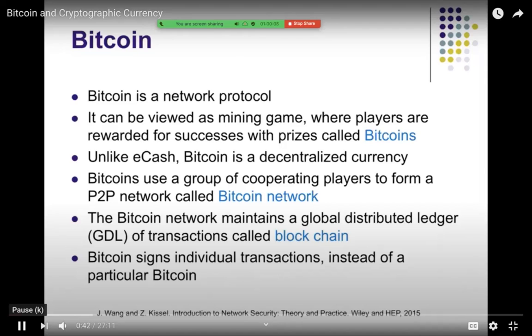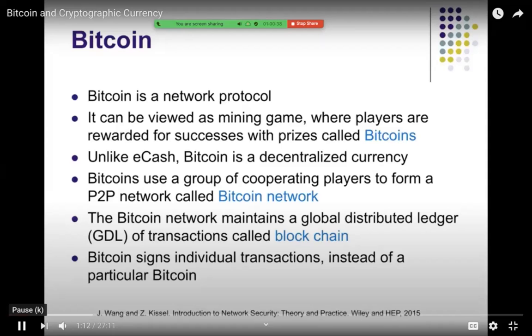This is a related topic in the sense that we are talking about cryptographic currency, which is different from electronic cash. Okay, we talked about that last time, but again, it is related to money, right? So this is in a digital form.